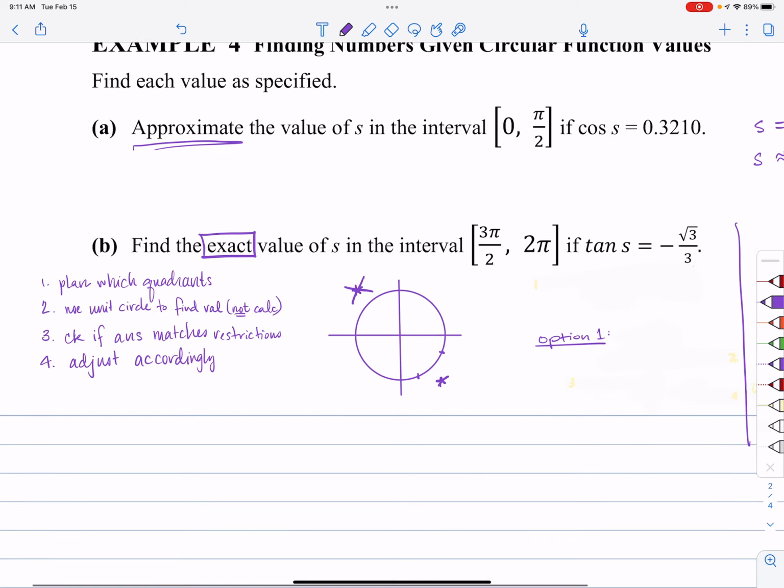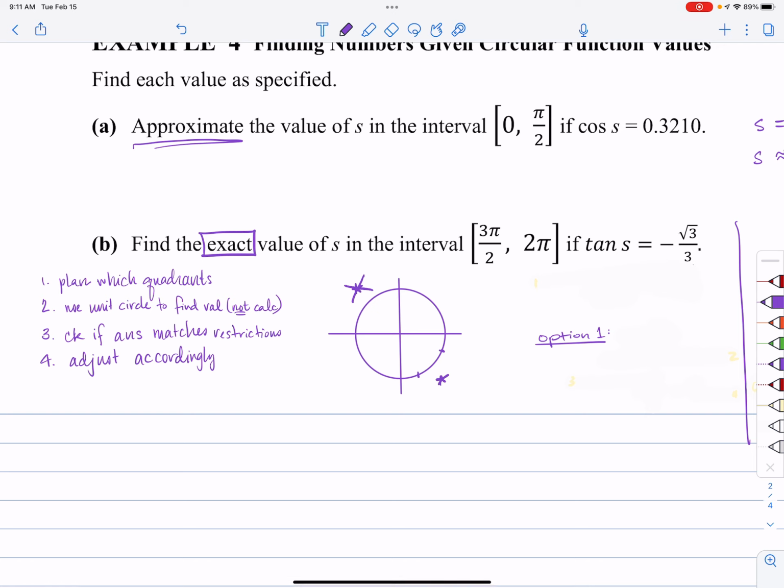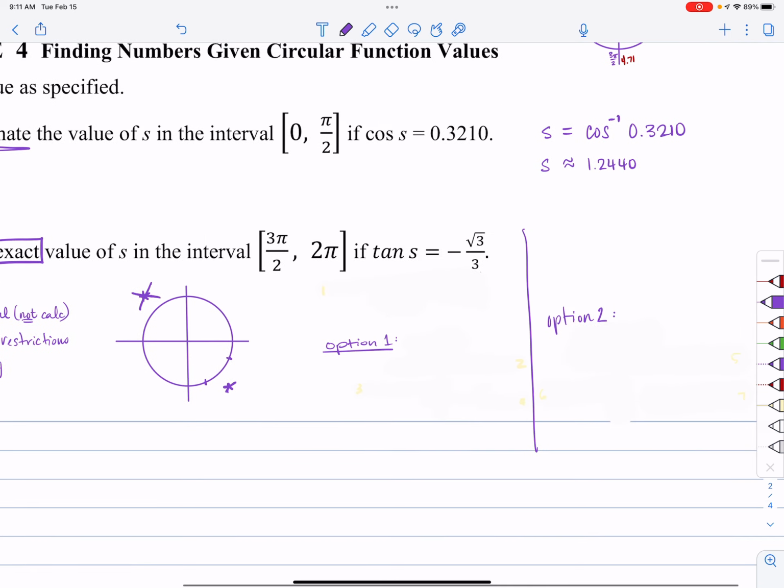We want to plan out which quadrants we could have answers in. Number 2, you're going to use the unit circle to find your values. You're not going to be using the calculator for this. So when I look here, the first thing that I remember is that the tangent is the same thing as sine divided by cosine.